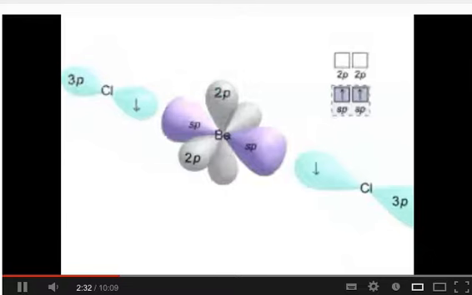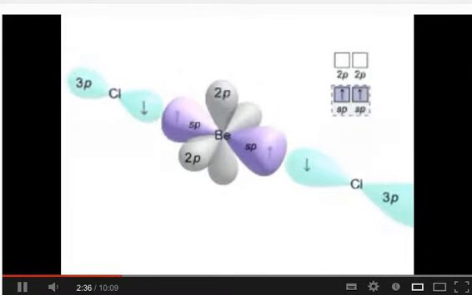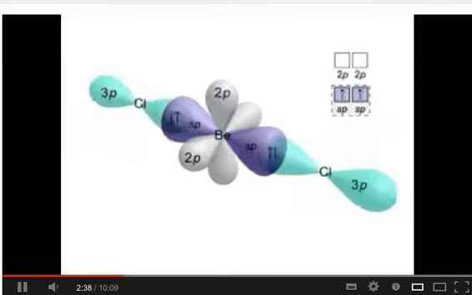In the molecule, beryllium has undergone sp hybridization. The half-filled sp hybrid orbitals overlap the half-filled chlorine orbitals to form two Be-Cl covalent bonds that are 180 degrees apart. From here on, we'll show electrons within orbitals as dots.